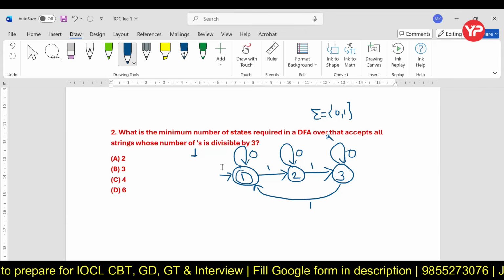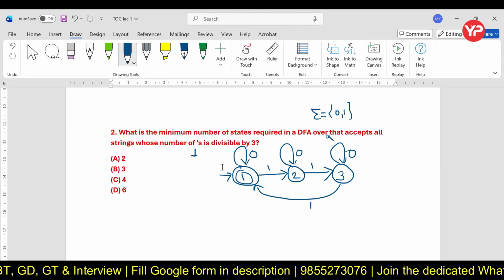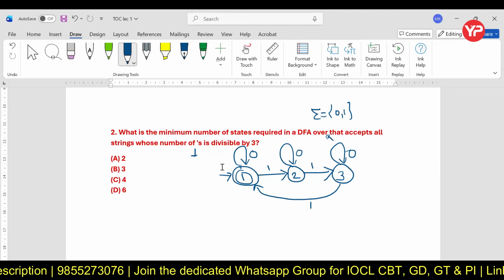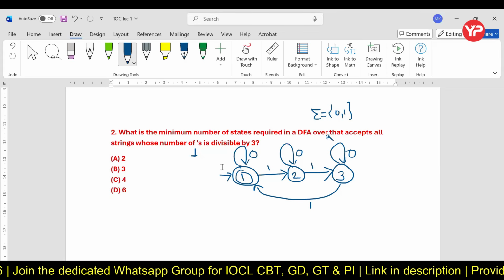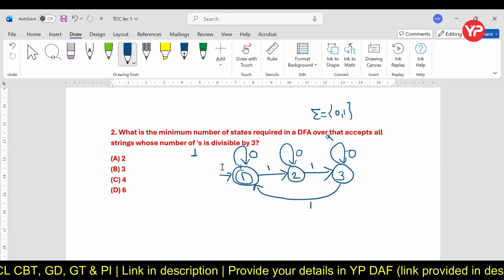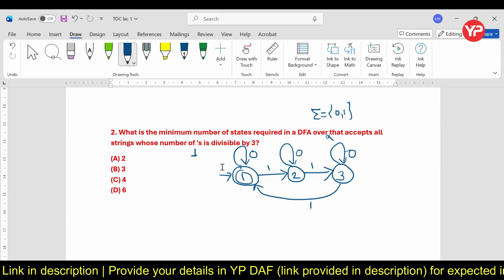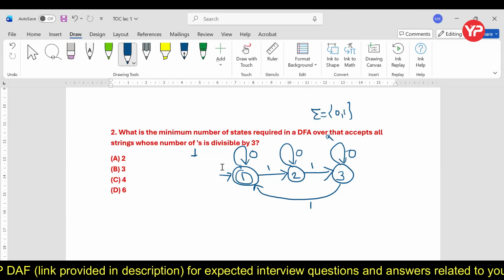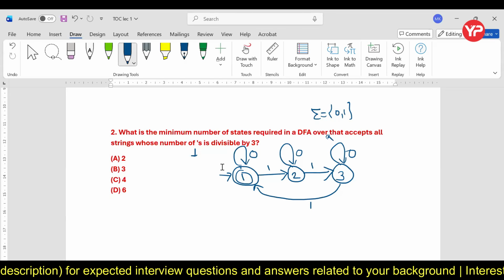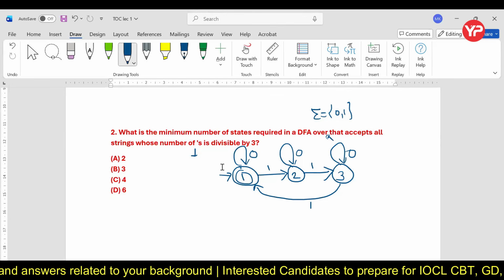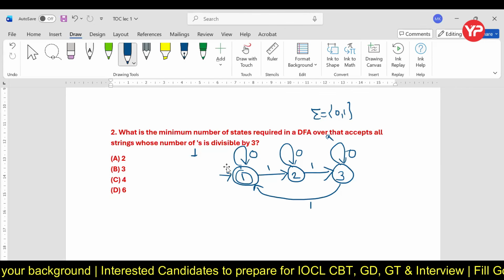Whereas if I make the final state as state number 3, then all those strings in which the number of zeros is anything, but the number of ones, when divided by 3, always gives the remainder 2. That means 2, 5, 8 ones, all those strings.